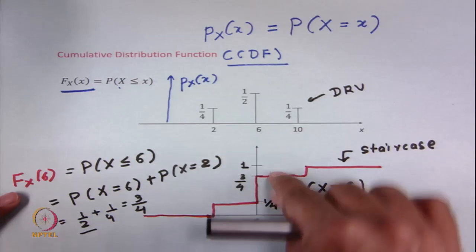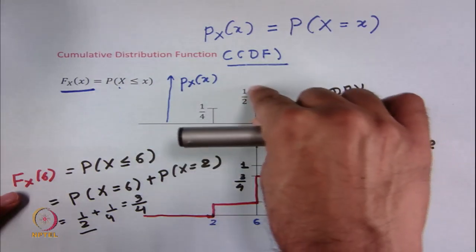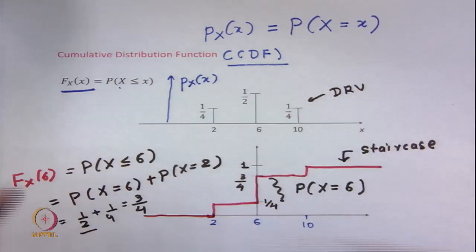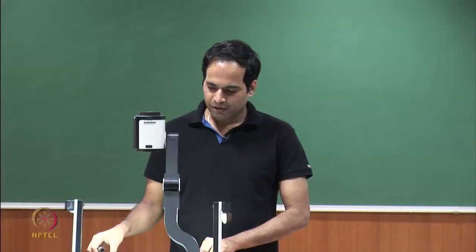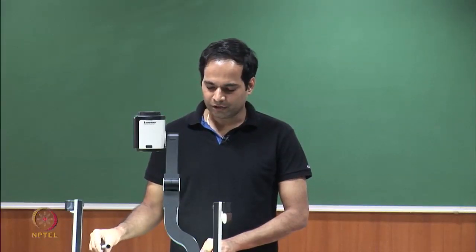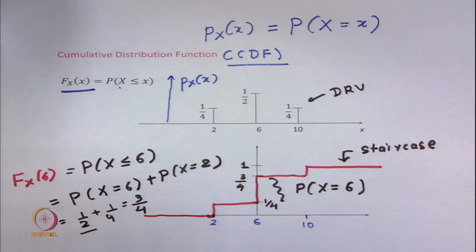So, the amount of discontinuity would be the same as the PMF at 6.